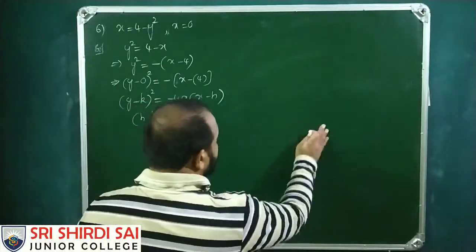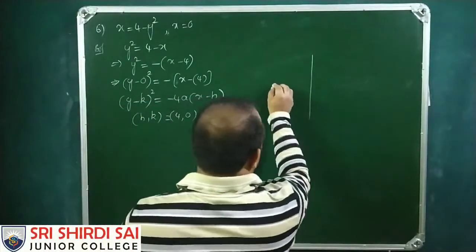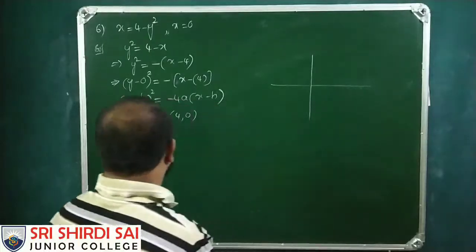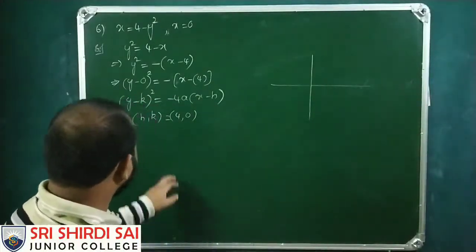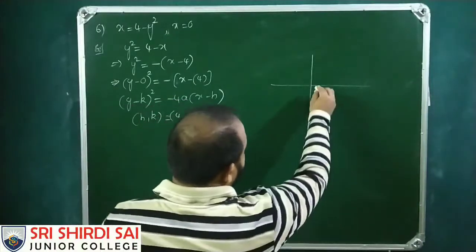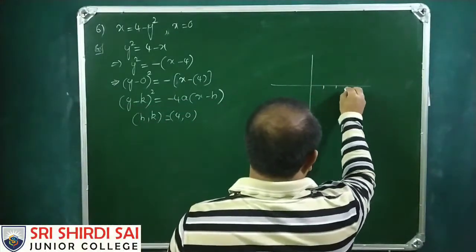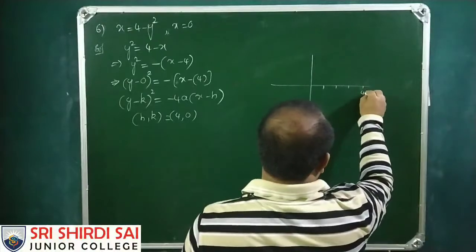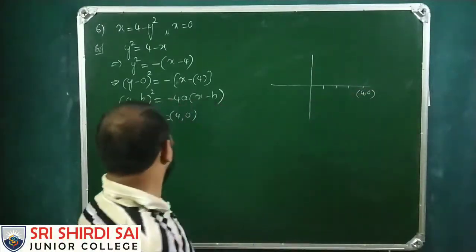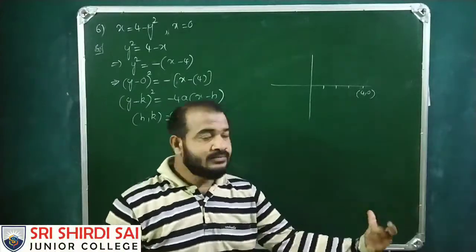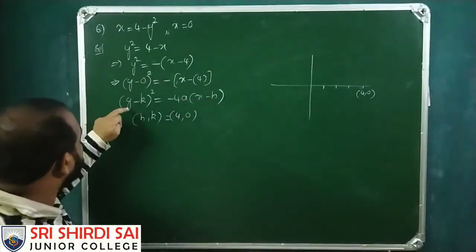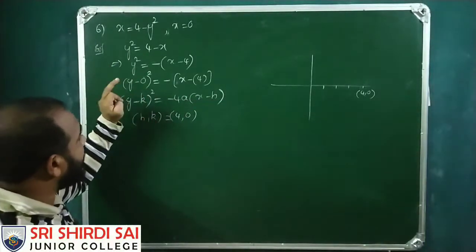You know how? See this. This is 4 comma 0. So 1, 2, 3, 4 comma 0 is situated here. Taking 4 comma 0 as the vertex, here y power even, symmetric about the x axis.